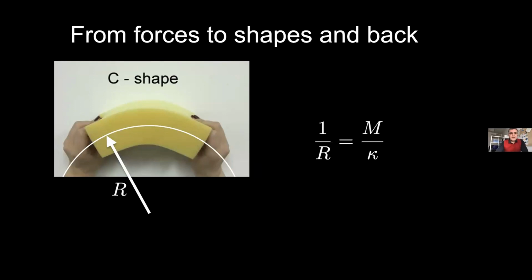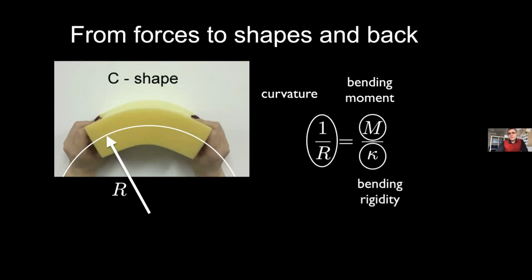In the most simple case, an elastic object that has a bending moment applied to its end will get a circular shape. So this will be a circular arc with a curvature of 1 over radius, and this curvature is related to the bending moment and its rigidity.